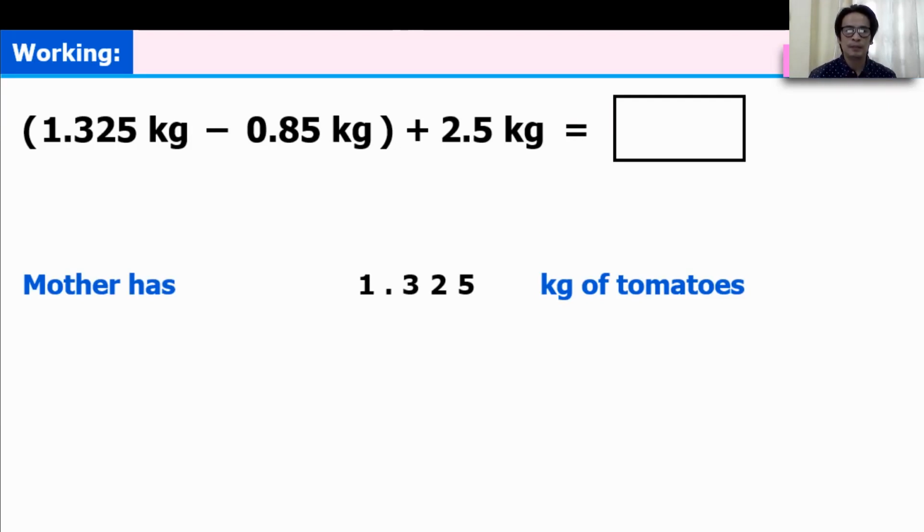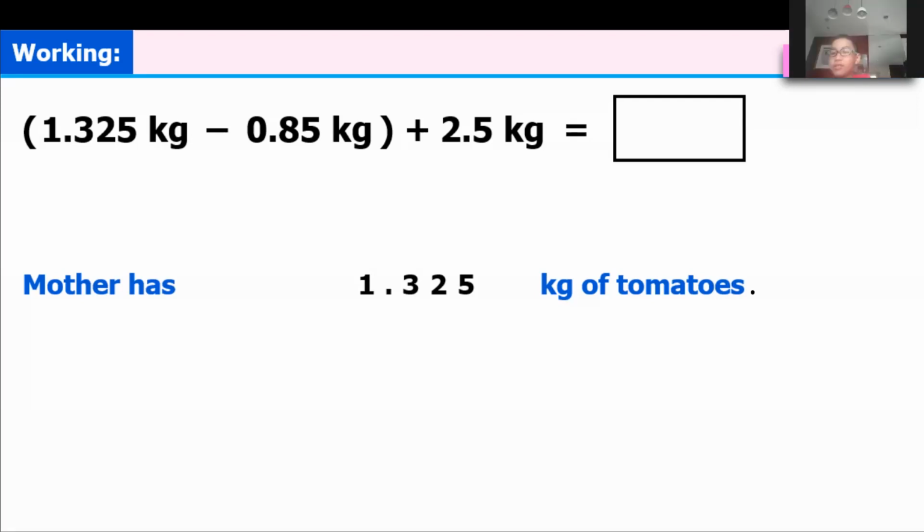Let me write. Please don't forget, you need to write 0 first for the students who are confused. 1.325 kilograms of tomatoes. Full stop. Because we use the usual method, which is writing a sentence, right?